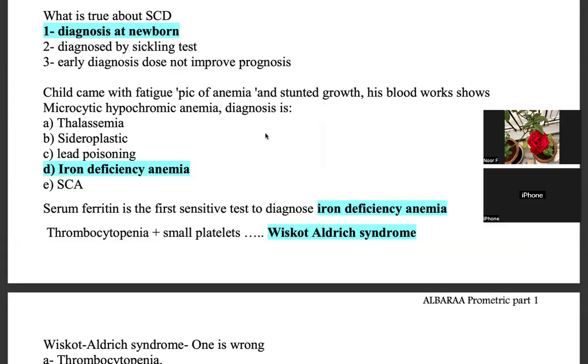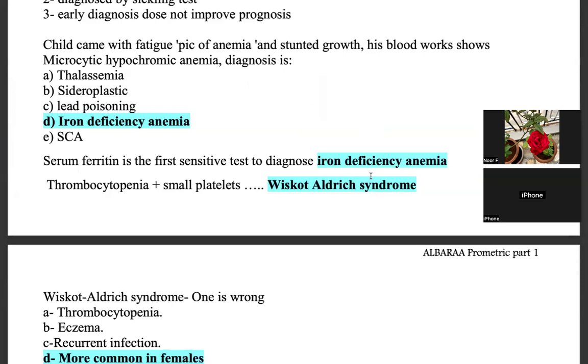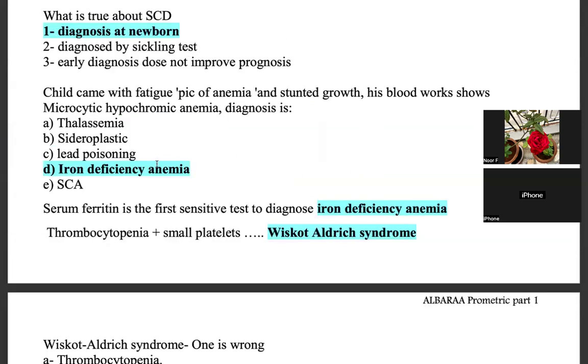No mention of anything, just microcytic hypochromic. So I think this question is incomplete. But we have to remember serum ferritin is the first sensitive test to diagnose iron deficiency anemia.